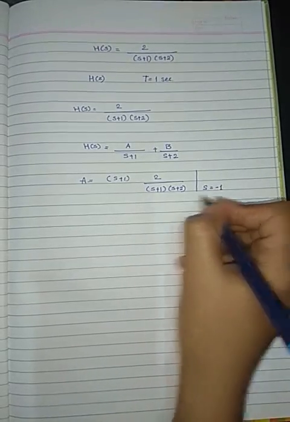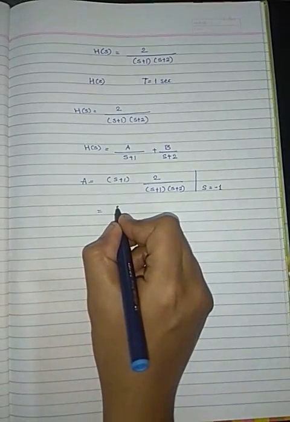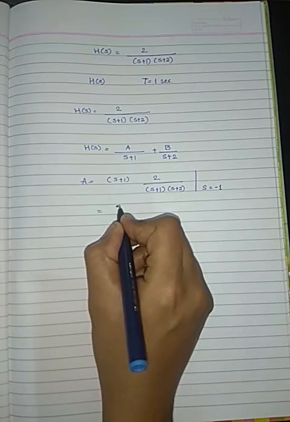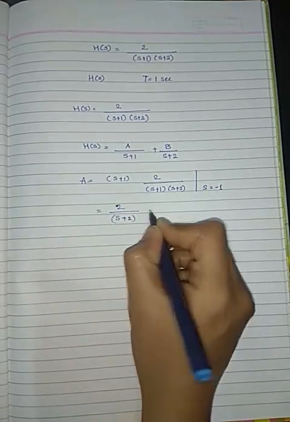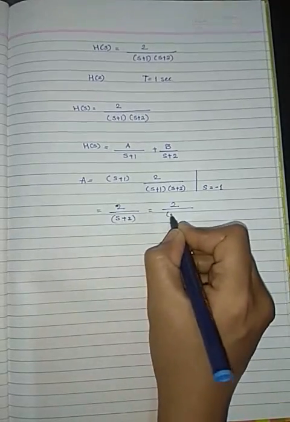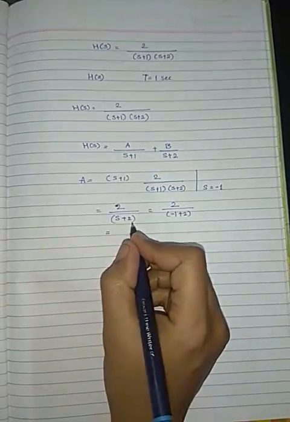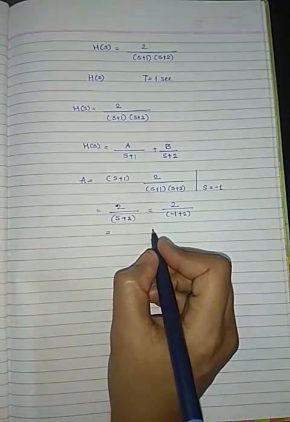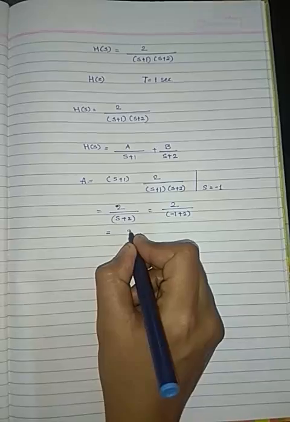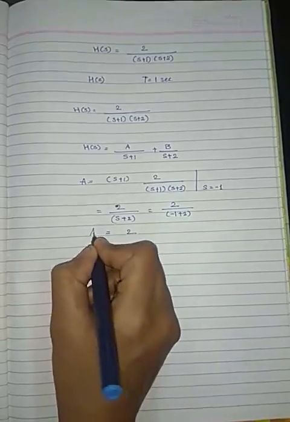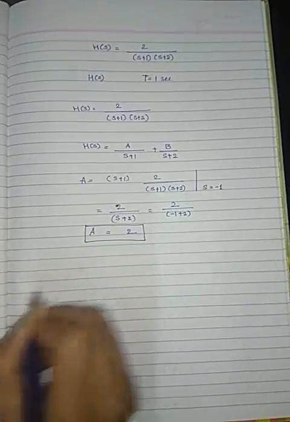Substituting and solving for S equal to minus 1, this becomes 2 divided by S plus 2, which is 2 divided by minus 1 plus 2, which is equal to 2. So the value of A is 2 in our case.